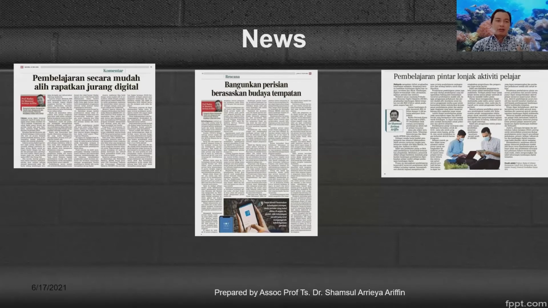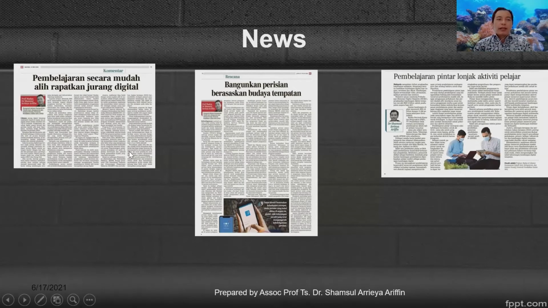I saw that there is a lack of such information, so I want to give my perspective as an academic. And thirdly, because mostly the local people can understand better in Bahasa Malaysia. That's why I choose Berita Harian to write my articles. Right? Okay, so the commentar is one section.